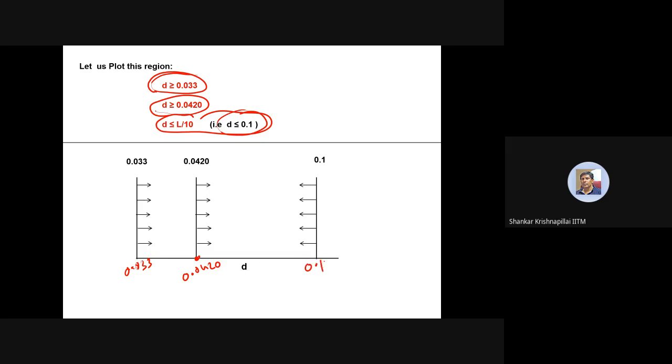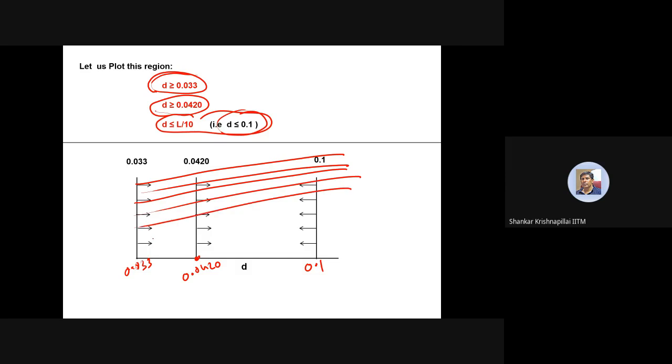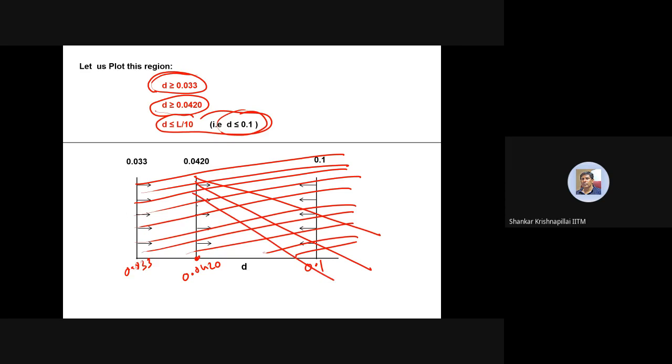Let us look at the intersection of these feasible regions. D greater than 0.033 is this hatched region. D greater than 0.0420 is this hatched region.